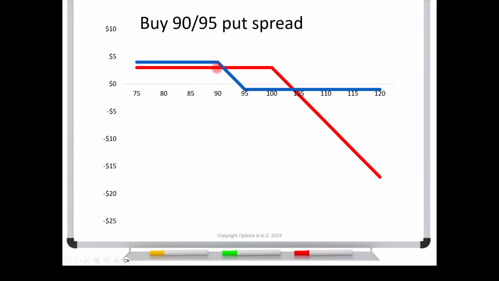See, anytime that you do a vertical spread by itself, part of it will be above this zero line right here, and part of it will be below. It has to be, otherwise it would be an arbitrage. So one of the goals is to get the entire bear spread above zero. So you're trying to shift that part up.